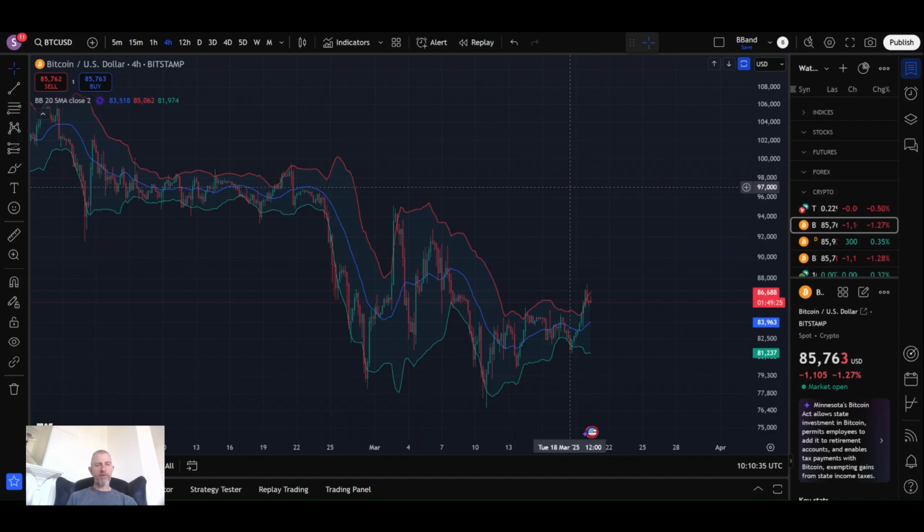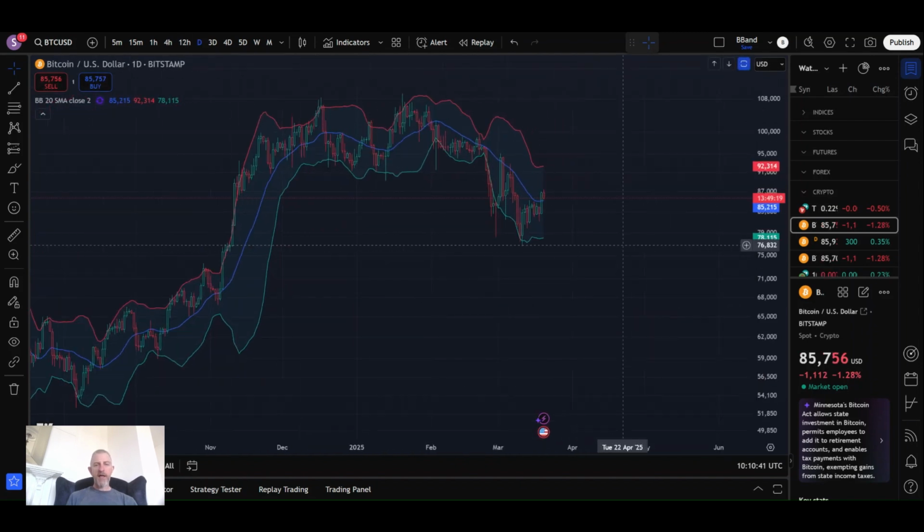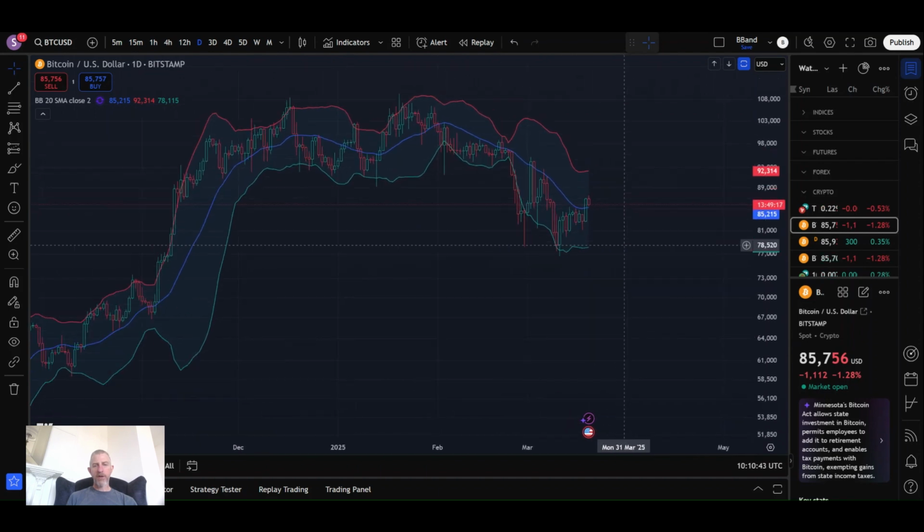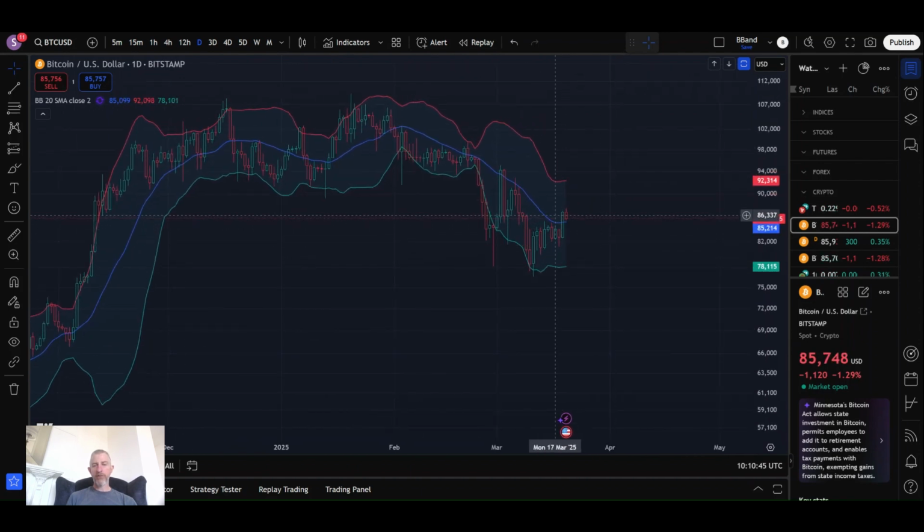We'll go up in time frames and I want to show you something on the weekly. So the daily here on the Bollinger Band, you can see it did close above the midpoint. In theory, if price action continues to the upside in a fairly aggressive manner, that would imply a target of around 91.5 on this daily time frame, i.e. the top of the Bollinger Band.